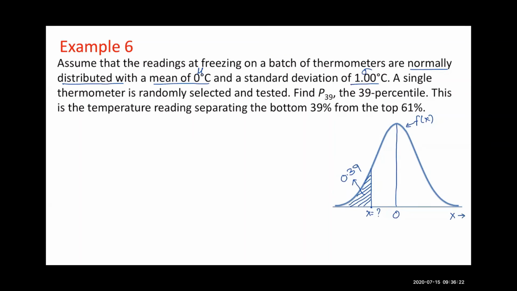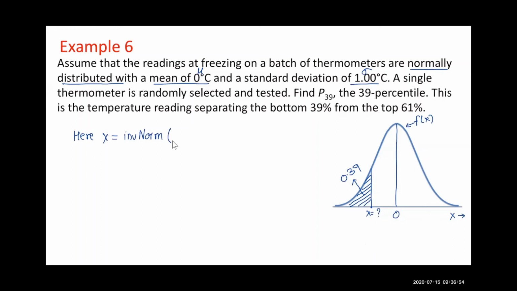When we find this x value, in this case it is also equivalent to the z-score because this is the standard normal distribution. We have to use a command in the TI-84 calculator. Please write this down: inverse normal, that is the command that we use in our calculator. First we write the area.